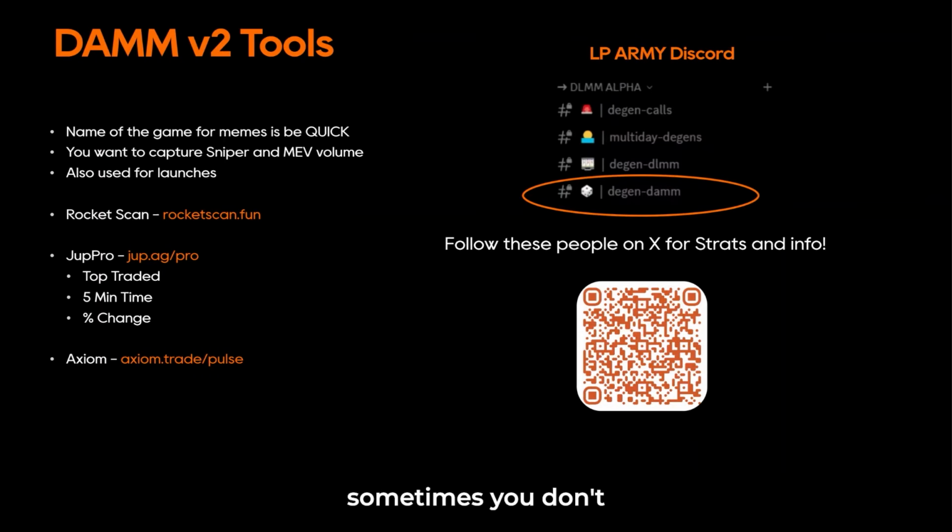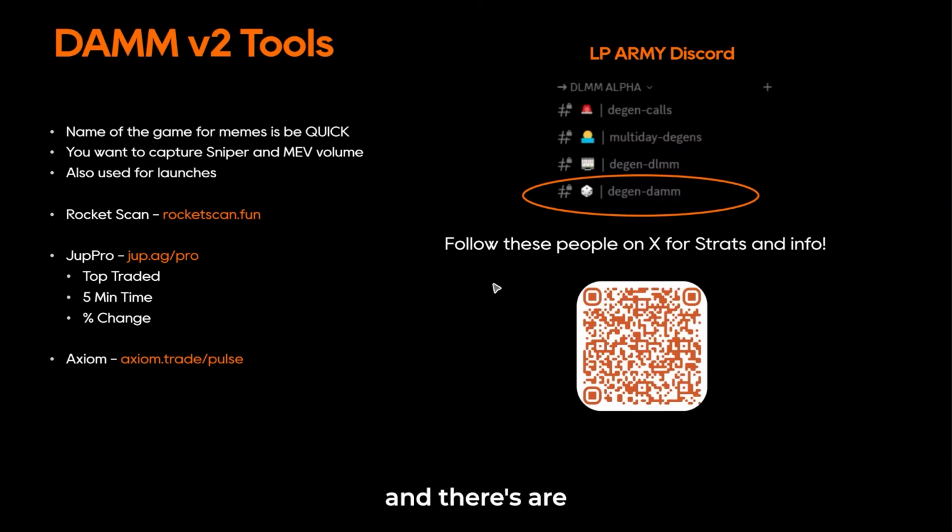After that, sometimes you don't get very much, or it can slow down quite a bit. So you've got to be quick with those. But launches, it does work. It's great. I have a QR code here for some people on X who have great strategies. You follow these guys, and there are links directly to the strategies that they're using.